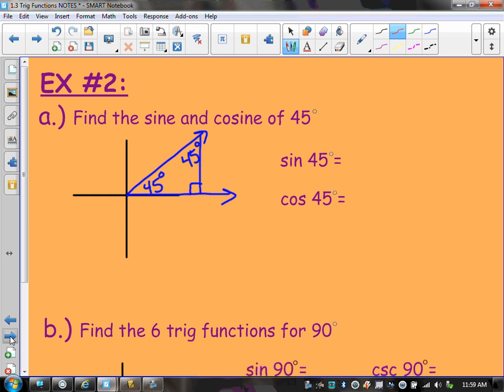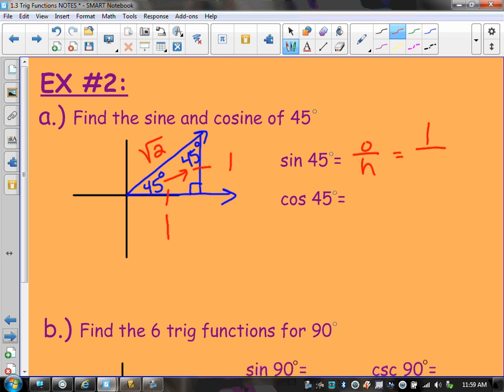For example, you know it's a 45, 45, 90, so these two sides should be the same. So if I told you that this side was 1, then shouldn't this side also be 1? And if those two sides are 1, then across from my 90 would be 1 rad 2. Remember that? So if I go to do a sine ratio, sine is opposite over hypotenuse, what would be my side opposite of my right angle?